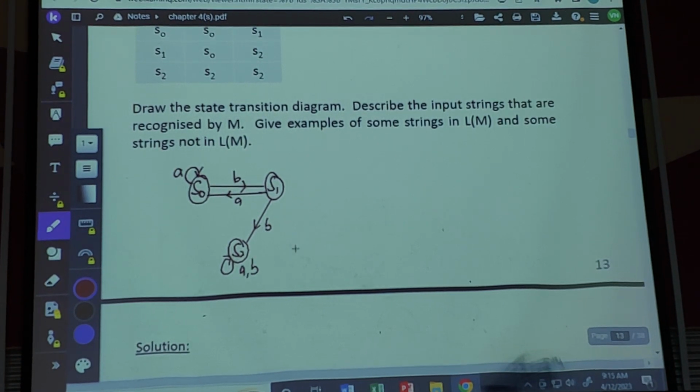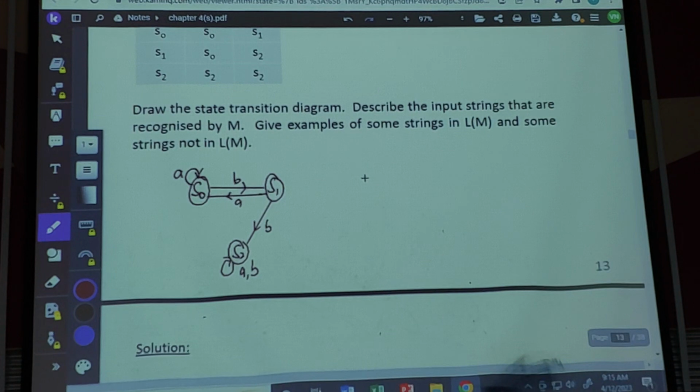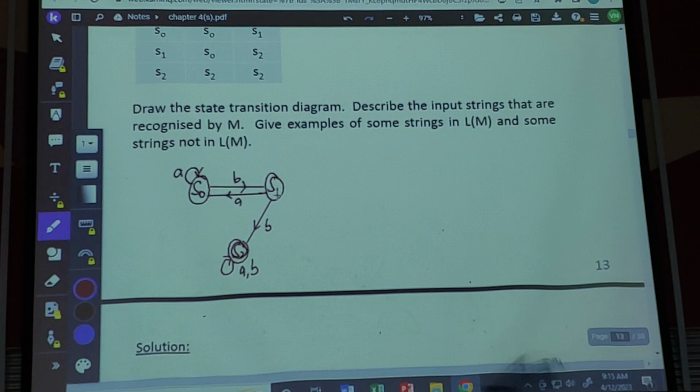A and B both go back to S2, so we do not need to draw twice. We only draw one loop, and then you write both inputs, A and B, together. Which one is the acceptance state? S2, right? So S2 we need to draw with the double circle.